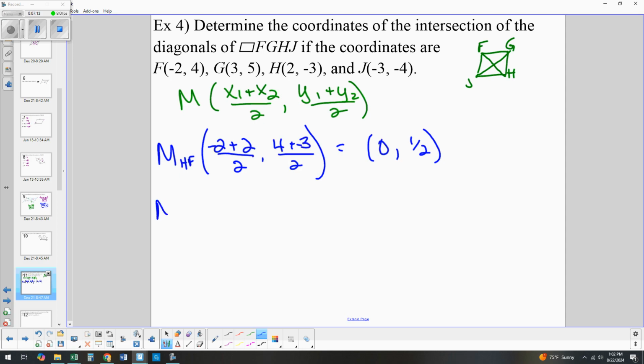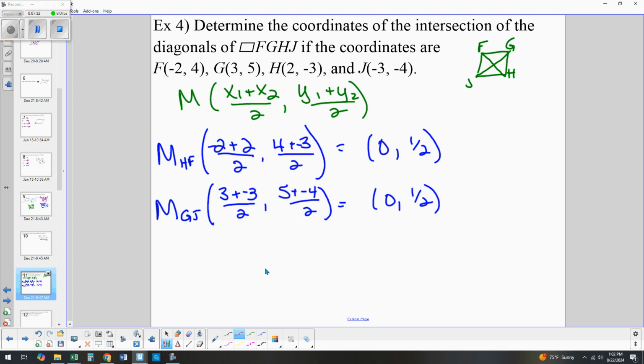So now we'll do the midpoint of GJ. So that's 3 plus negative 3 over 2, and 5 plus negative 4 over 2. So 0 over 2 is 0, and 1 over 2 is 1/2. These do in fact match, so the intersection of those lines would be 0, 1/2.